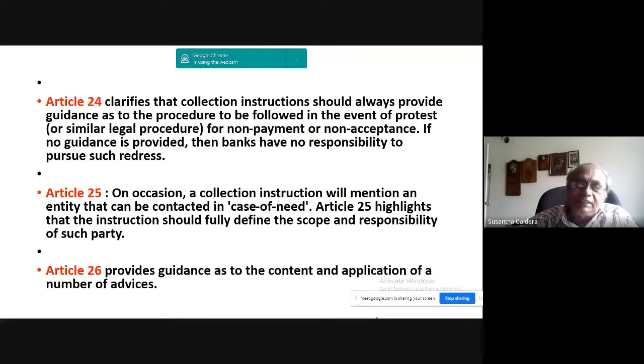But can you expect that letter to be received by the remitting bank within 2 or 3 days? Nowadays, even 2 months, 3 months, you won't get it. But you can prove that you have done it. I have sent the advice.